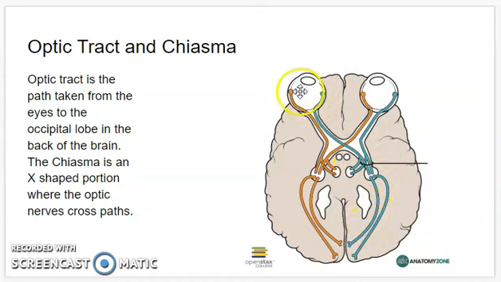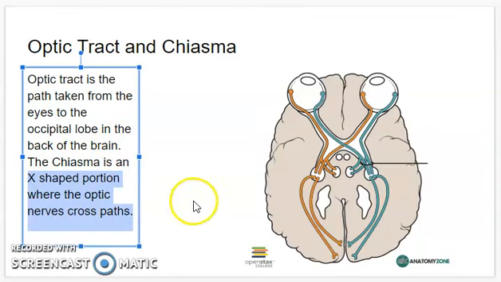Your left eye has a portion that is interpreted on the right side of the brain, and vice versa. The right eye has a portion that's interpreted on the left side. And so you have this mishmash where they have to all be integrated in order for you to be able to blend together the two visual perceptions of the eye. And so on your notes there, I put vision, and then I put the X-shaped portion where the optic nerves cross. So optic tract, put vision, and then write that in your notes as well, and you're good.